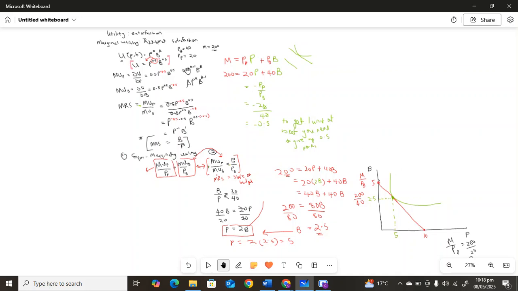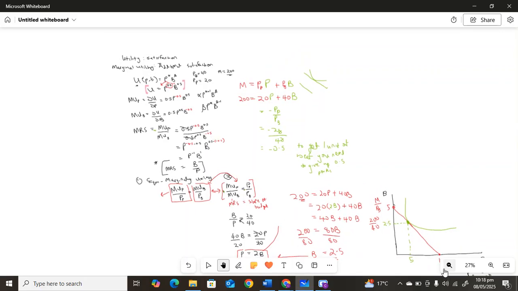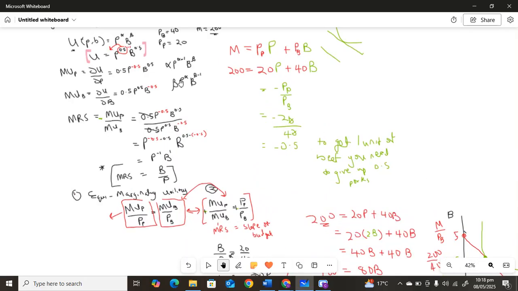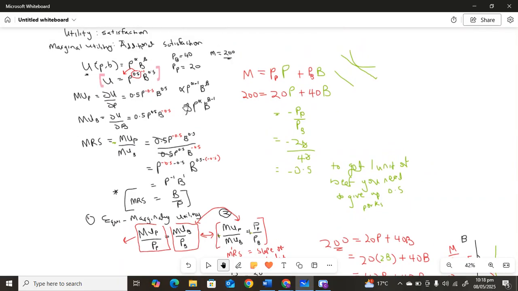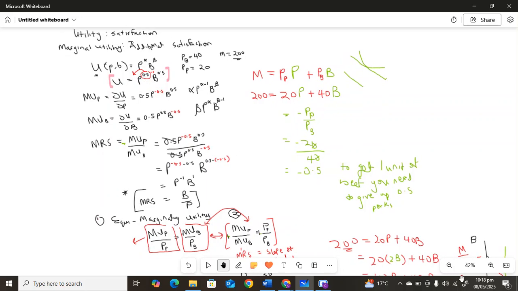But the indifference curve, you can get it by substituting values in this utility function. You just put in values. If P equals this and B equals this amount, what's the utility there? You just start substituting. In the budget line, you get it from this budget constraint equation.